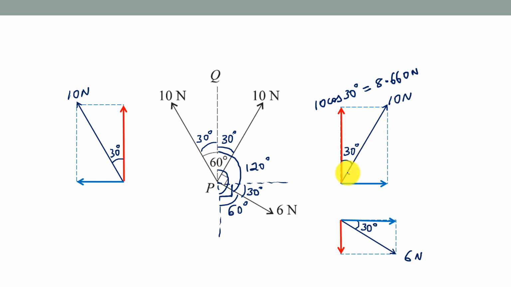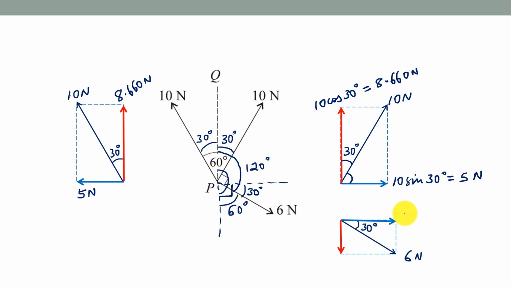This component here will be 10 sine 30. And this obviously will give us 5. Now when we come to this other diagram here, this obviously will also be 10 cos 30. It will be 8.660 newtons. And this will be 5 newtons. It's just as simple as that.